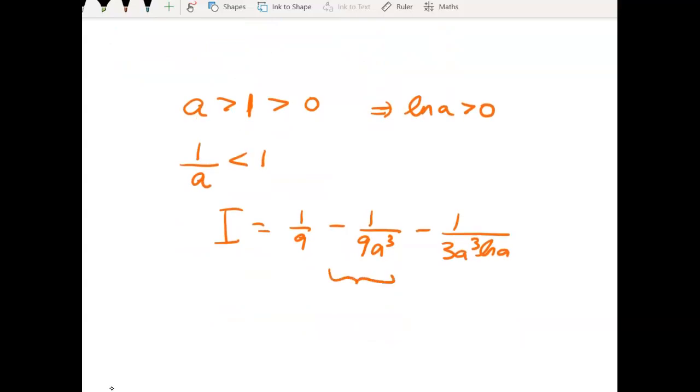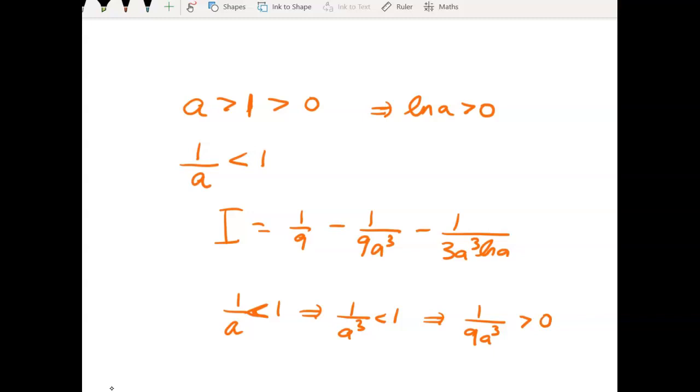And we know that this, well, let's go a little bit more systematically. Right, so 1 over a is less than 1, so 1 over a cubed is less than 1.